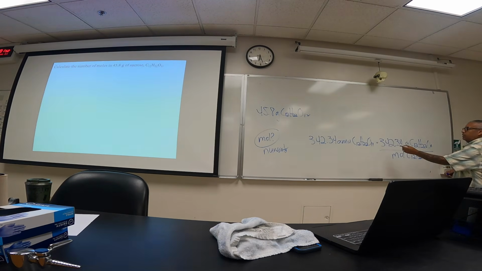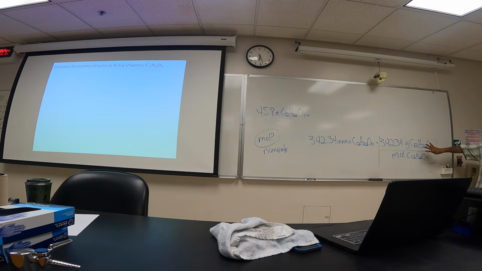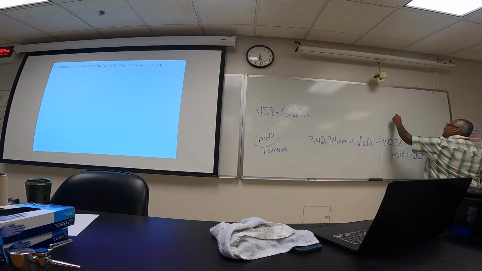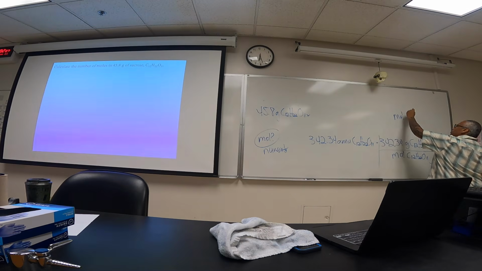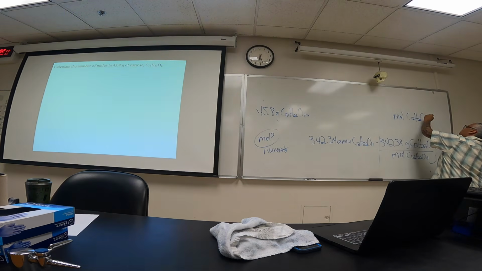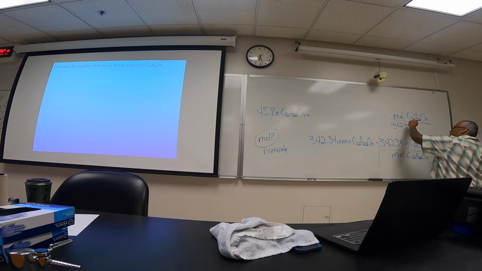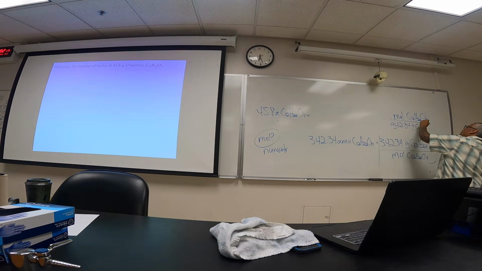So this is our molar mass, in terms of grams per mole. And this isn't the only way I can write it. I can also write this the other way. We can put it as moles of C12H22O11 over 342.34 grams.